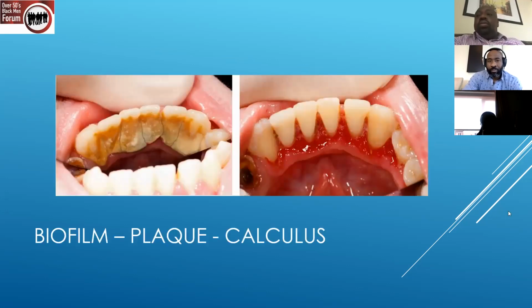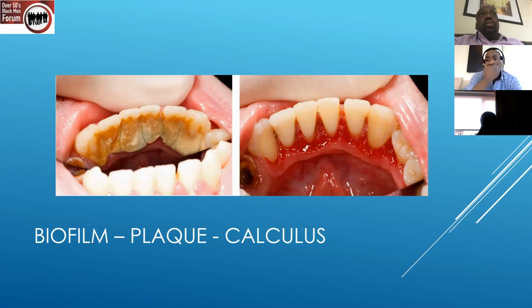And this is just a rough idea. I'll explain this. You have the biofilm, which is just saliva and all the enzymes and the bacteria and all that wash over our teeth.